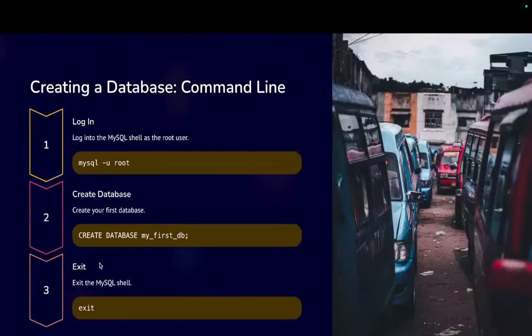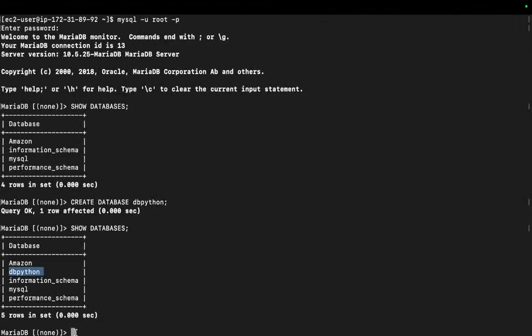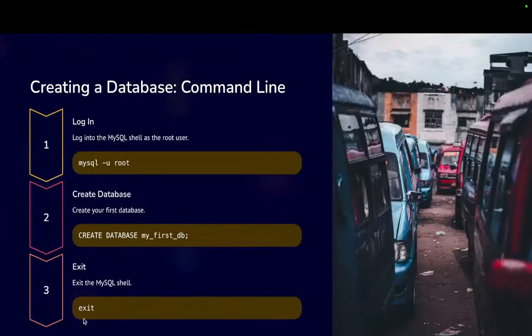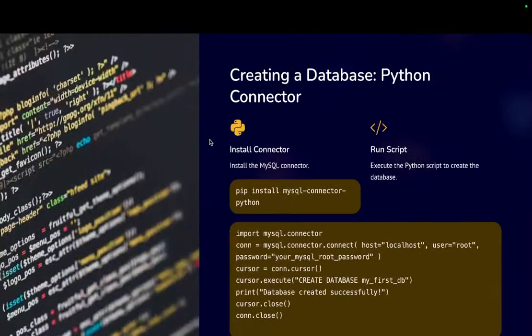So in order to exit the MySQL command shell, you type in just exit, and we have exited. So that is the first step done, creating a database using the command line.